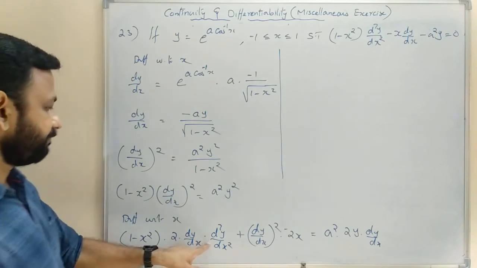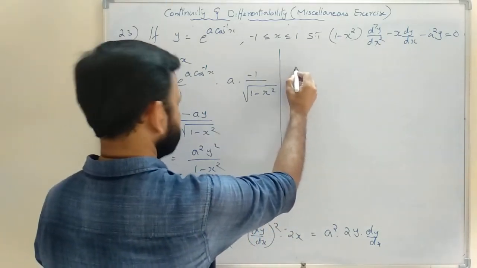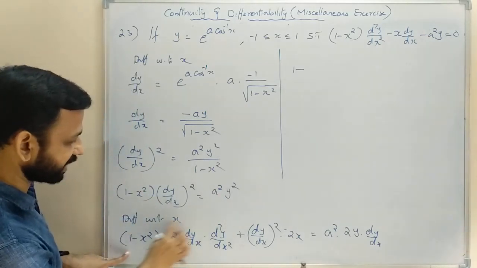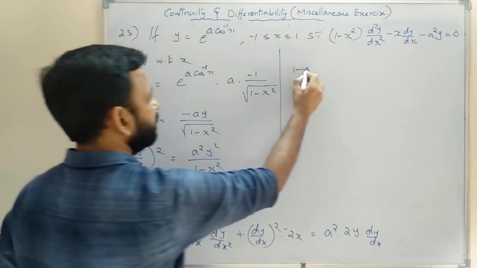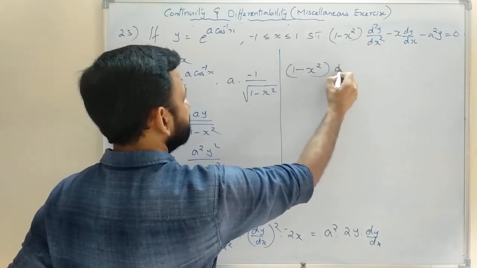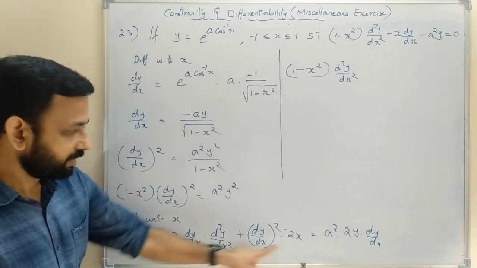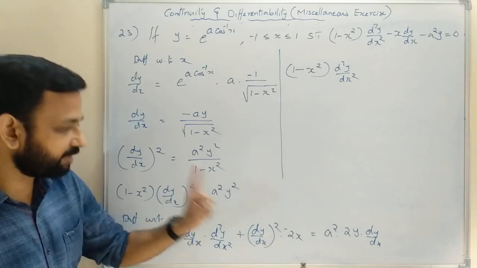Then we will get 1 minus x square into d square y by dx square.